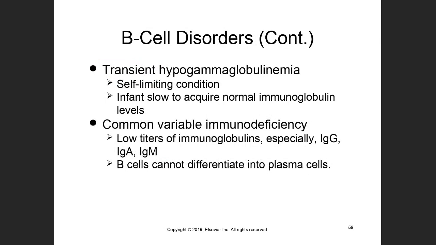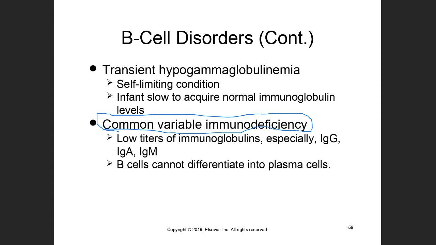Now we have transient hypogammaglobulinemia. Okay, it's a self-limiting condition. The infant is slow to acquire immunoglobulins. And we also have another one that is really well known, common variable immunodeficiency.